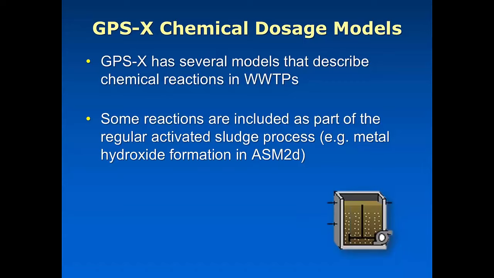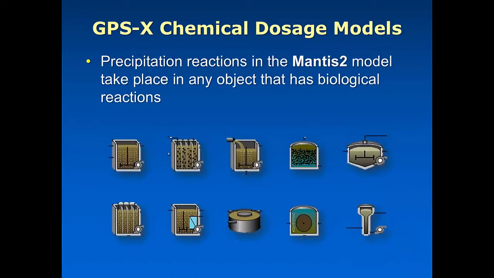In fact, way back with ASM2D, there were a couple of rates included in that model for the formation of metal phosphates and metal hydroxides. So we've continued on with that type of process where we have precipitation reactions that are part of our overall model matrix. Therefore, you will find that those types of chemical equations, those types of processes and precipitation and whatnot will take place in your model, any place that there is the Mantis 2 model happening.